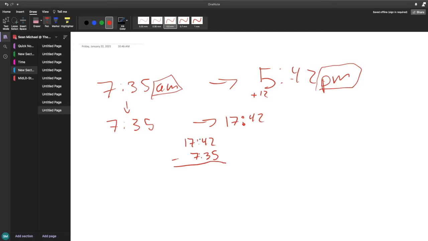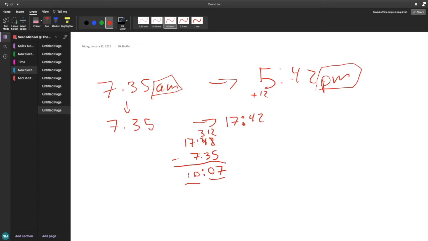So this you can't do, so you make this a 3. This is now 12. So 12 minus 5 is going to be 7. 3 minus 3 is 0. 7 minus 7 is 0. You want to put the dots here, which signals that this is minutes, this is hours.